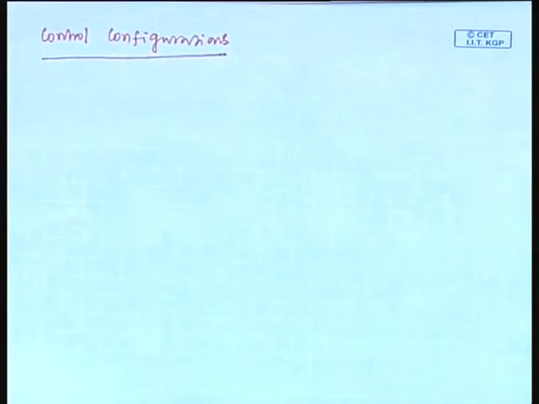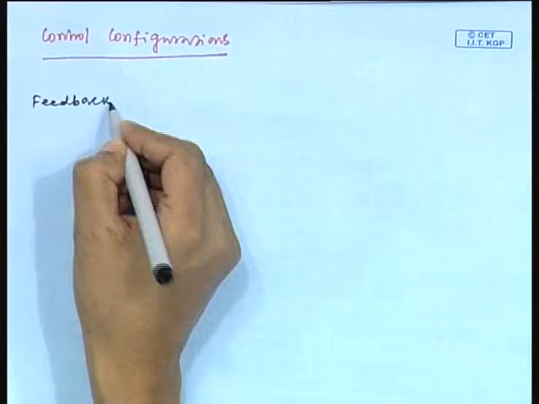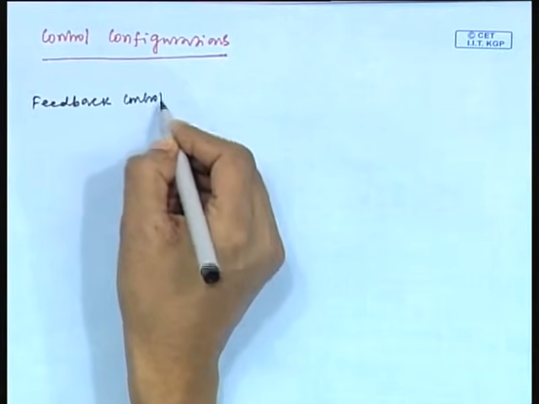We will consider the distillation example, which is quite complex compared to this liquid tank and heating tank system. First, we will consider one control scheme, that is the feedback control scheme.